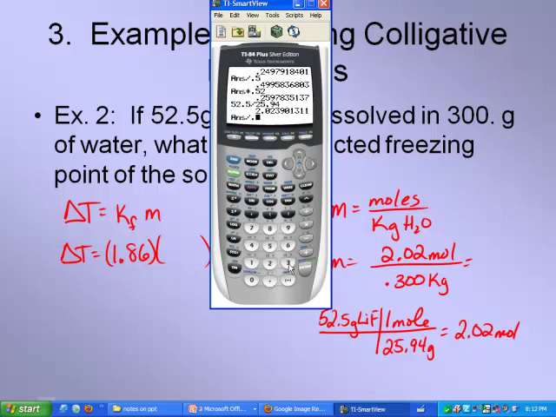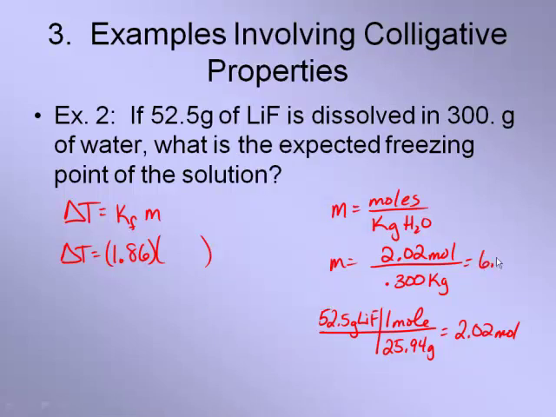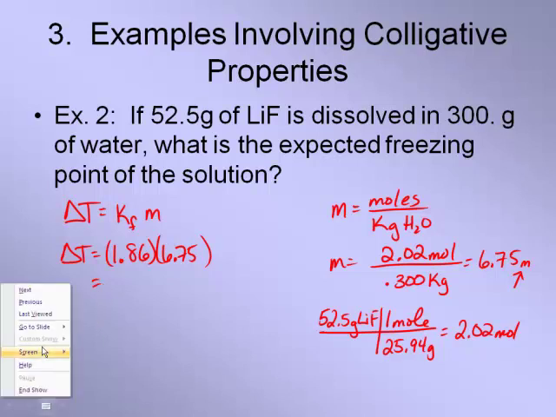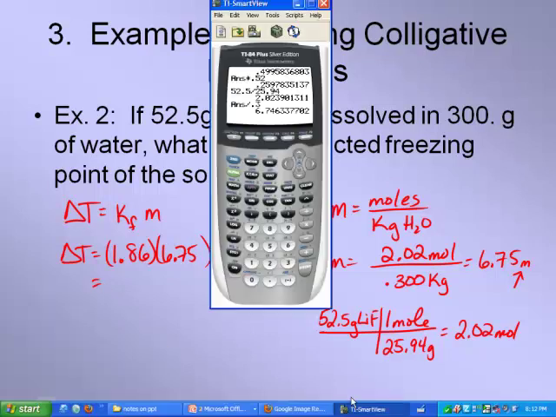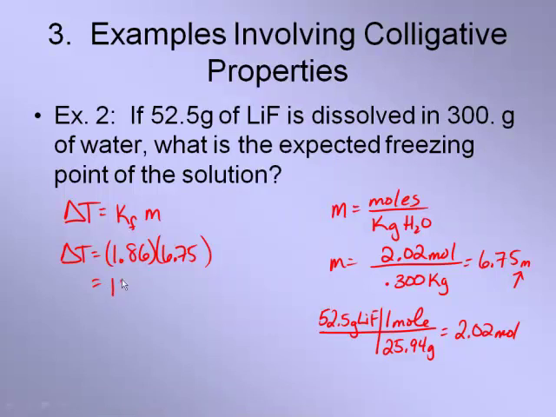Divided by 0.3 is 6.75. Little m. Units. Times 1.86 is 12.5 Celsius. Again, you're going to keep your sig figs here.